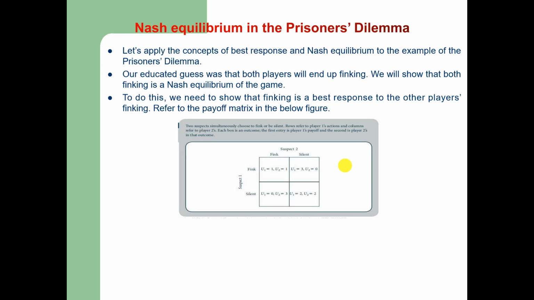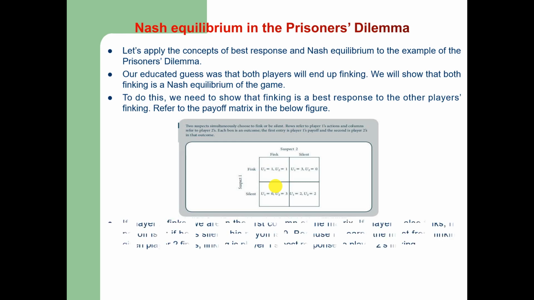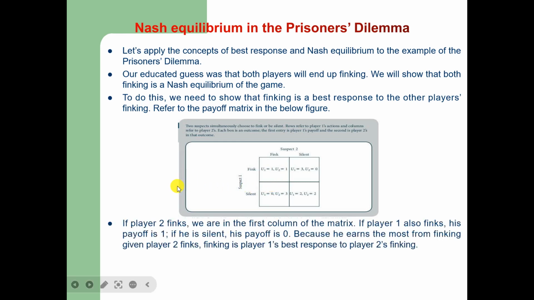Refer to the payoff matrix in the below figure. This is the payoff matrix that we have already discussed in the prisoner's dilemma case. So if player 2 thinks, we are in the first column. If player 1 also thinks, his payoff is 1, and we are here. If he is silent, his payoff is 0, and we are here, because he earns the most from thinking.